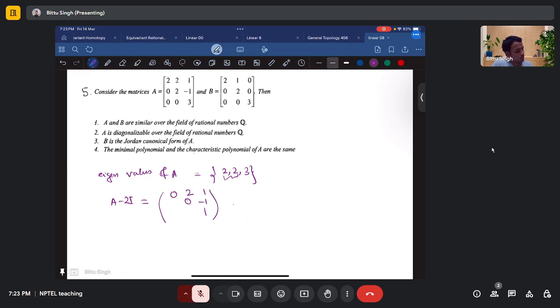So the rank of A minus 2I is actually 2.